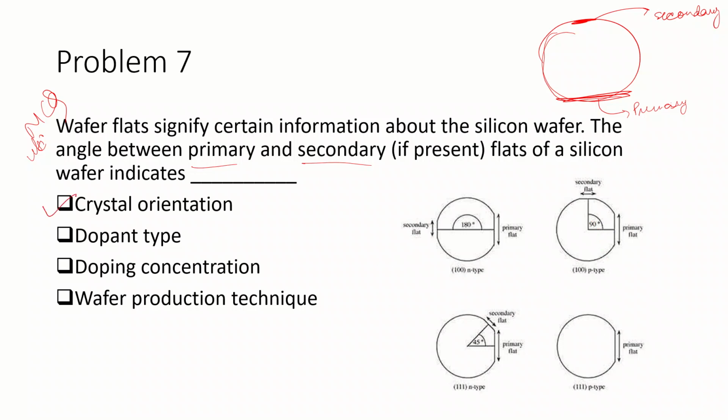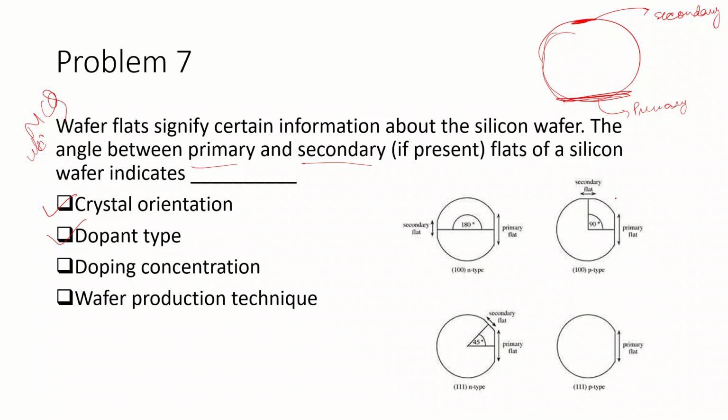One of you answered crystal orientation, and also the dopant type, whether it is N or P. If the primary and secondary are separated by 180 degrees, it is the 100 plane, N type.